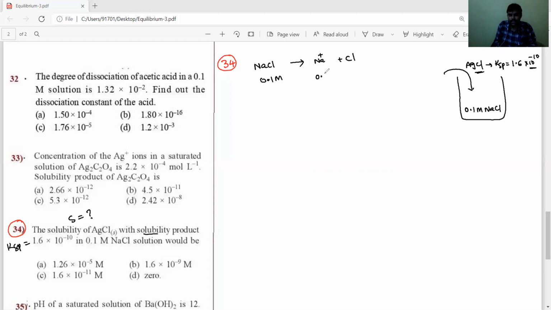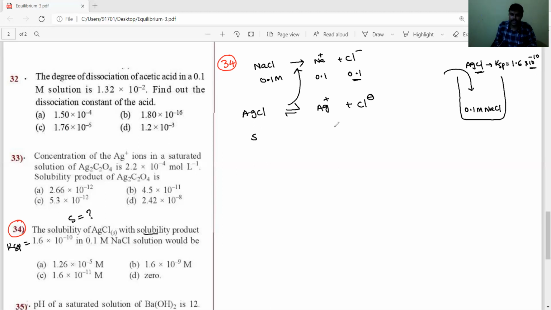Its Na plus concentration is 0.1 and chloride ion concentration is also 0.1. But silver chloride is partially ionized and exists in equilibrium to produce Ag plus ions and chloride ions, and this silver chloride is present in NaCl.